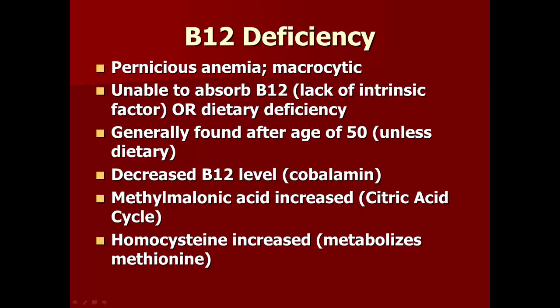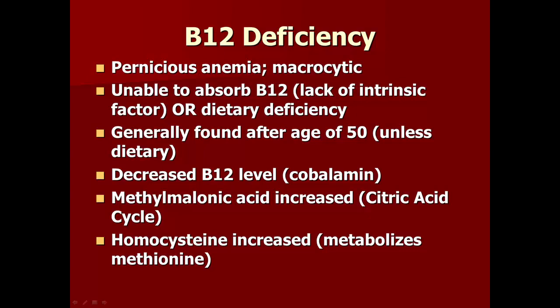The last type of anemia we will talk about are the macrocytic anemias. The two we will talk about are B12 and folate deficiencies. And it's important that you be able to differentiate between these two anemias.